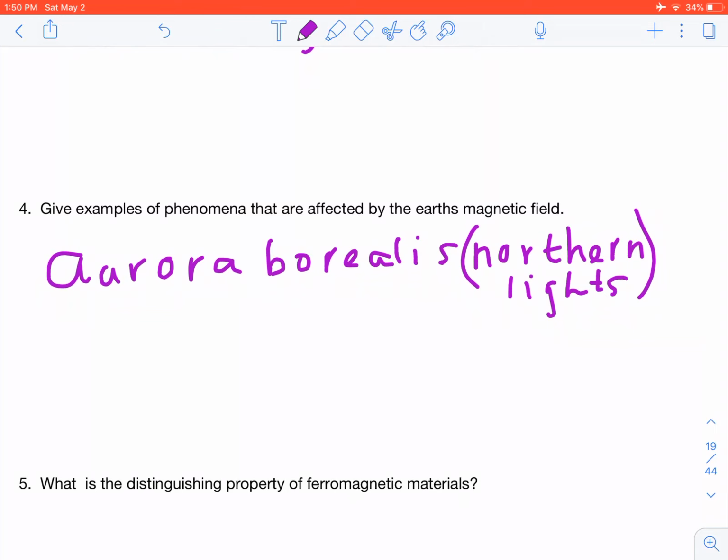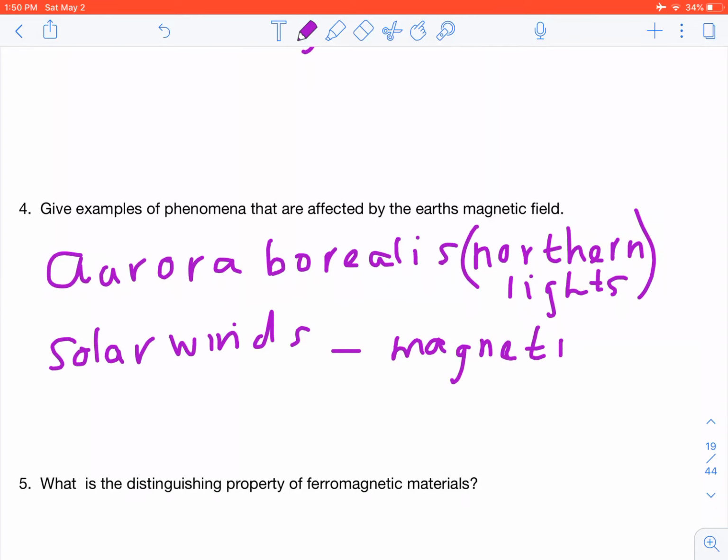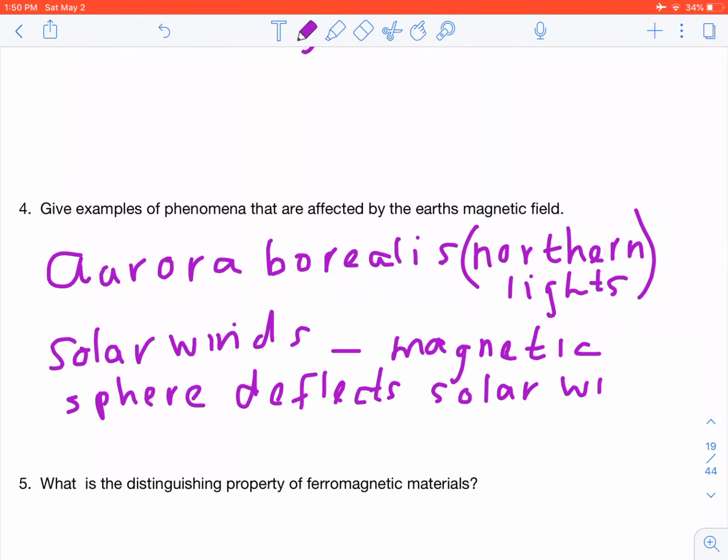And then what else? Solar winds. The magnetosphere deflects solar winds, and what it does, it then prevents electrical damage.